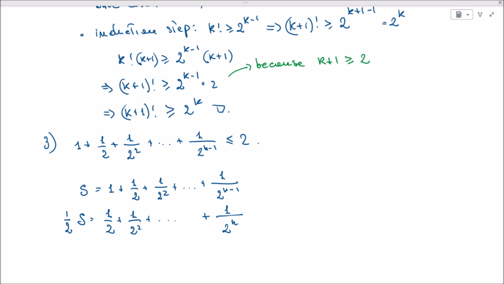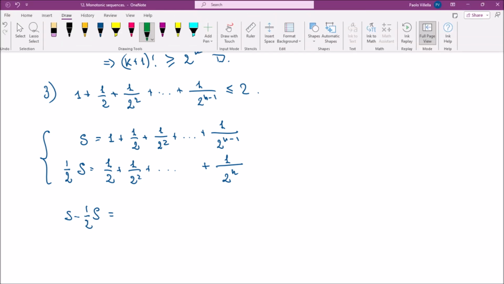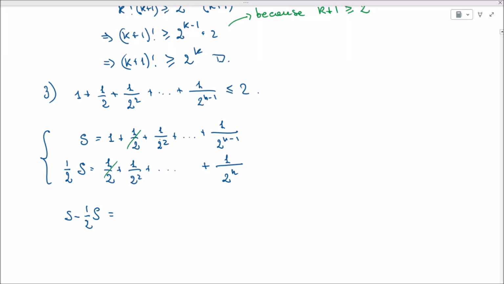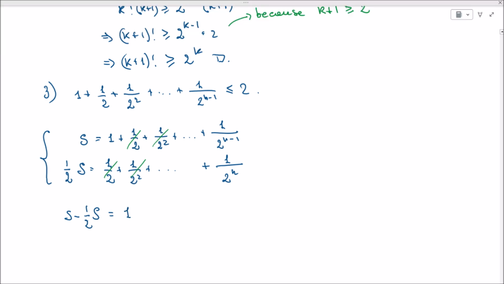And if we now subtract term by term, we have that s minus 1/2 s is equal to, as you see, these terms will cancel one with each other, leaving on the right hand side 1 minus 1 divided by 2 to the n.